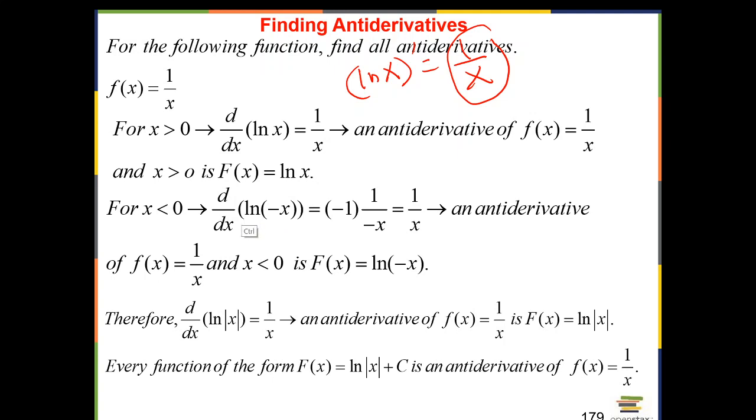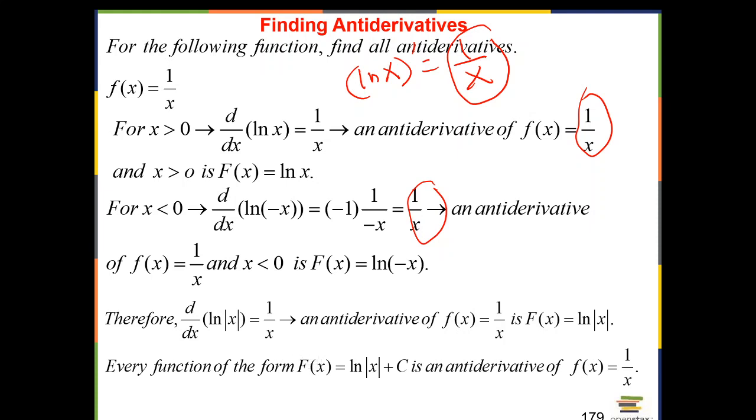So the derivative of ln of something is 1 over something times the derivative of the inside, which is negative 1. And that would be the same thing. So whether x is positive or negative, the derivative will still be the same, 1 over x, right? So we say the derivative of ln of the absolute value of x is 1 over x. To make sure that the domain of ln is positive, we put the absolute value here.